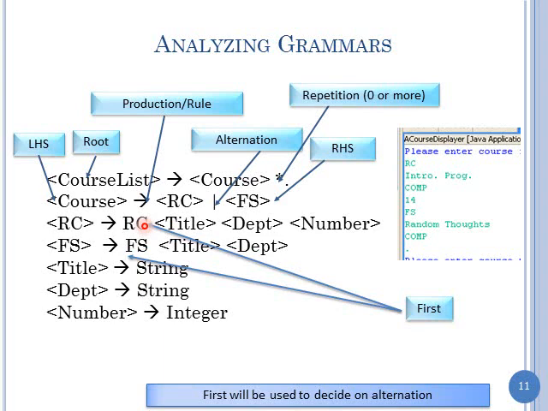And I call course list a root. A root is a non-terminal that, how do you define it? Creates multiple sets of non-terminals. So why is course not a root also?